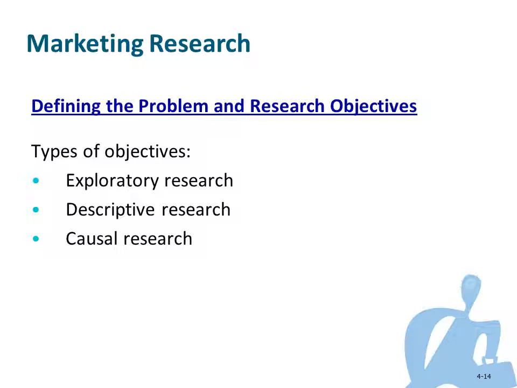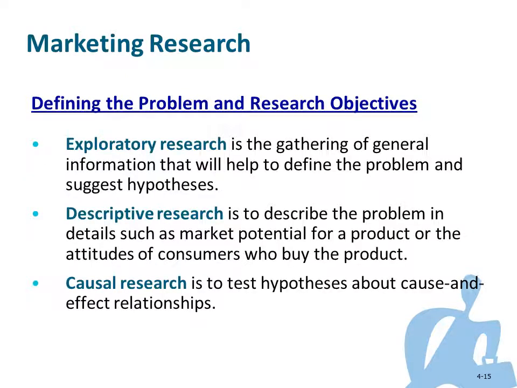In marketing research, we have three types of research objectives: exploratory research, descriptive research, and causal research. Exploratory research is the gathering of general information that will help to define the problem and suggest hypotheses.